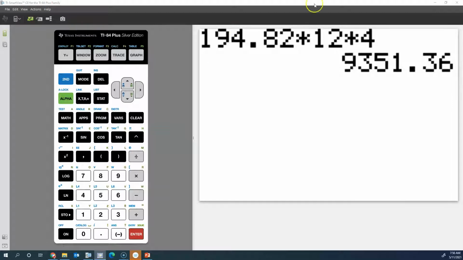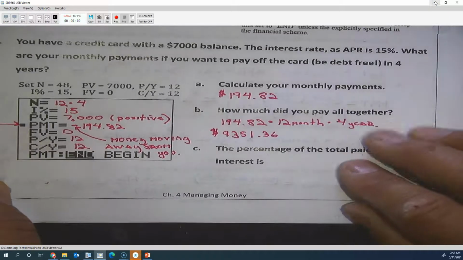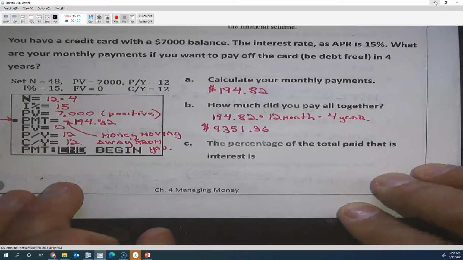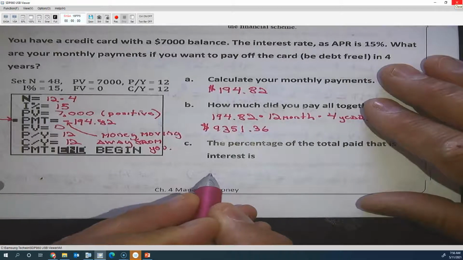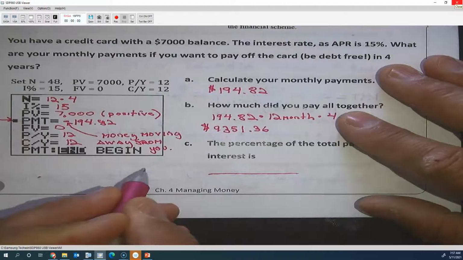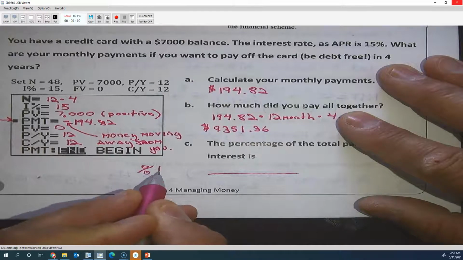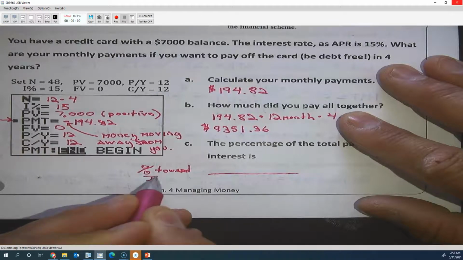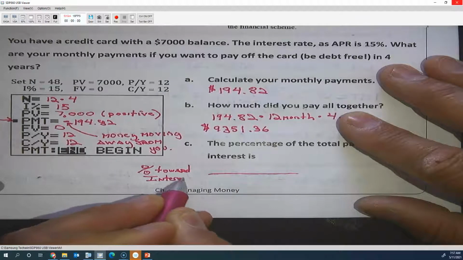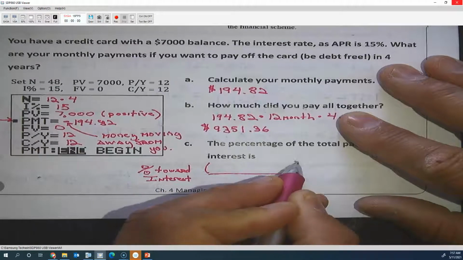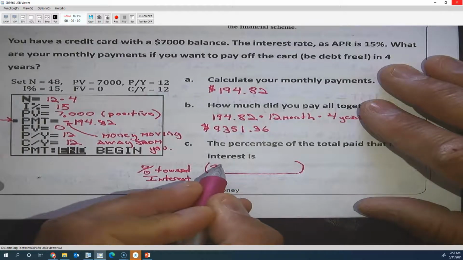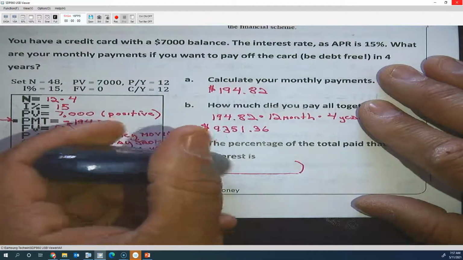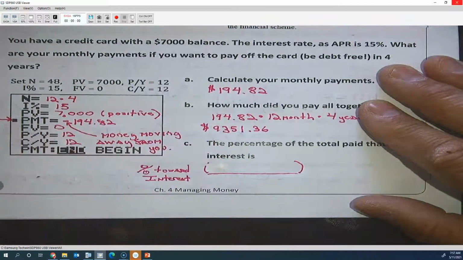All right, and now finally, how much of your payment did you pay towards interest? What's the percentage? Okay, so how much I paid minus how much I owed divided by how much I paid.